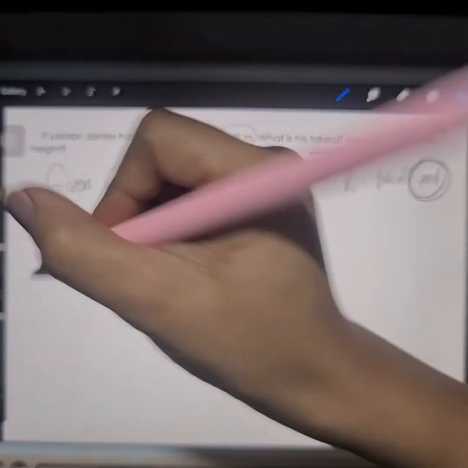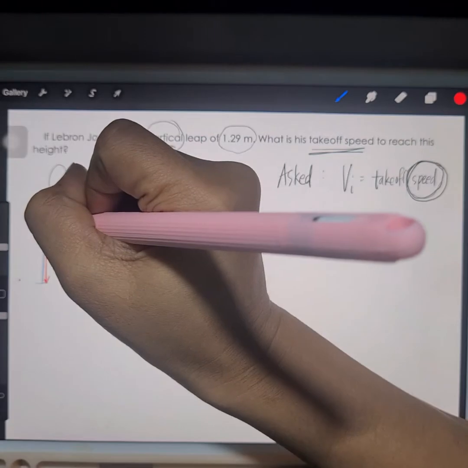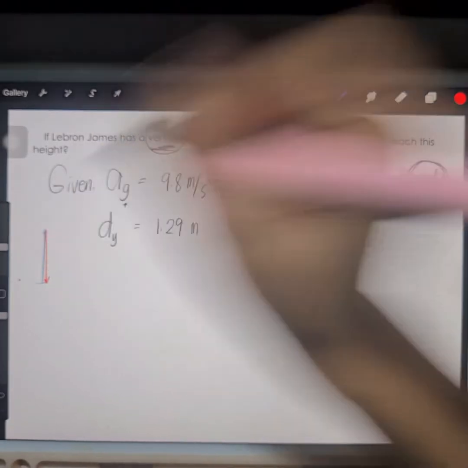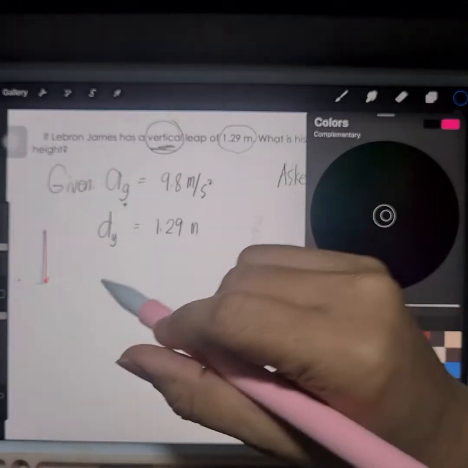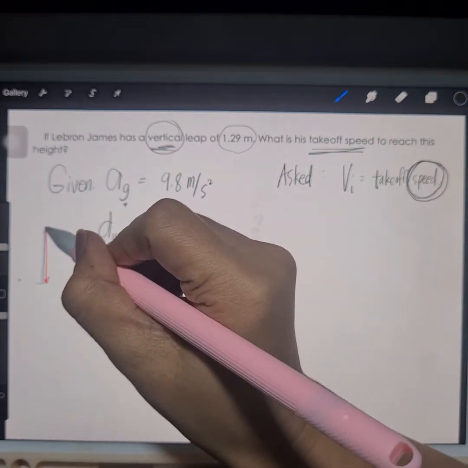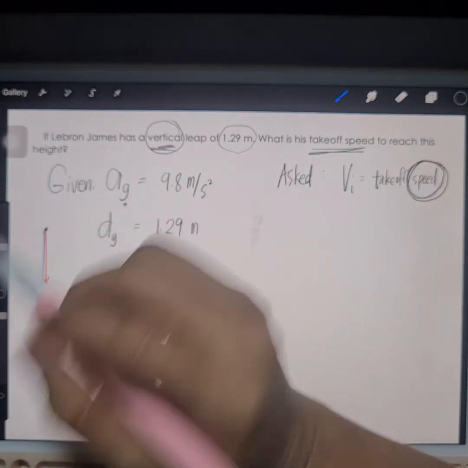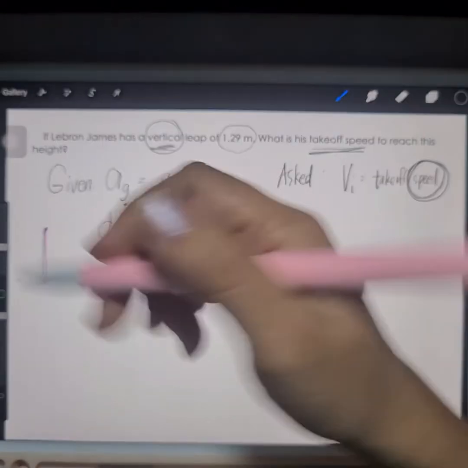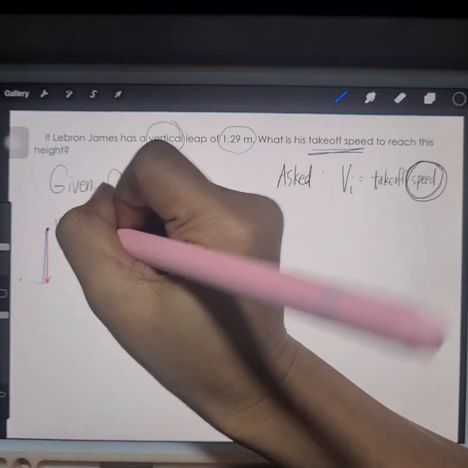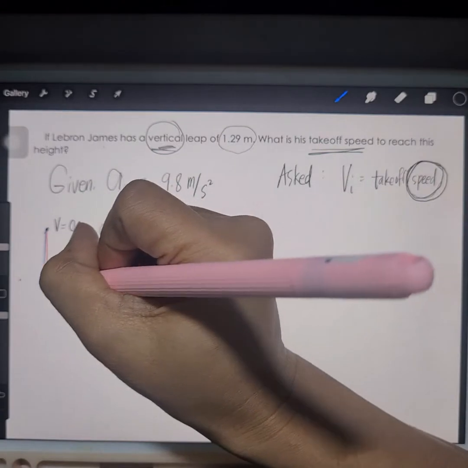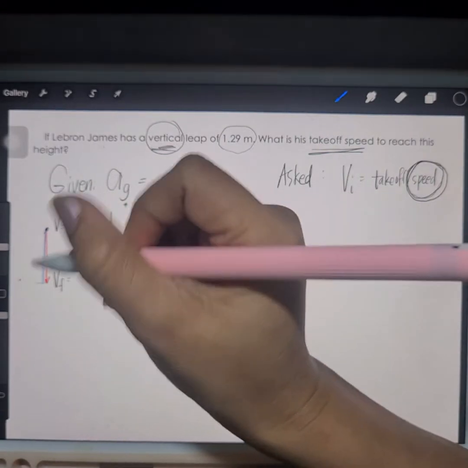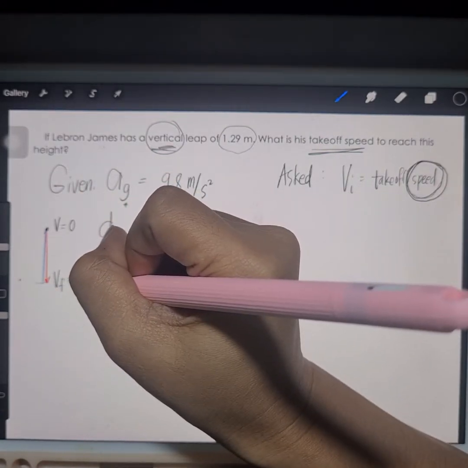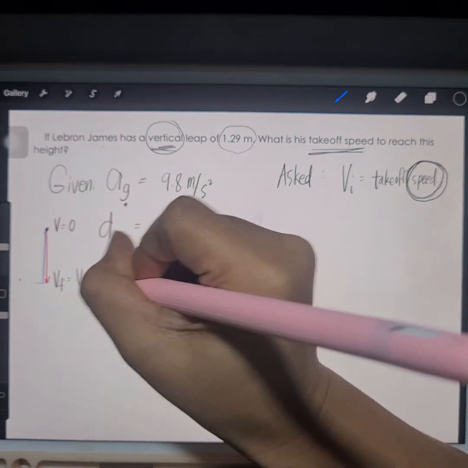An illustration: you have to take note that at this certain point in time, LeBron James, or the leaper, has to momentarily stop. Velocity would be 0. The final velocity here would be equal to the takeoff speed.